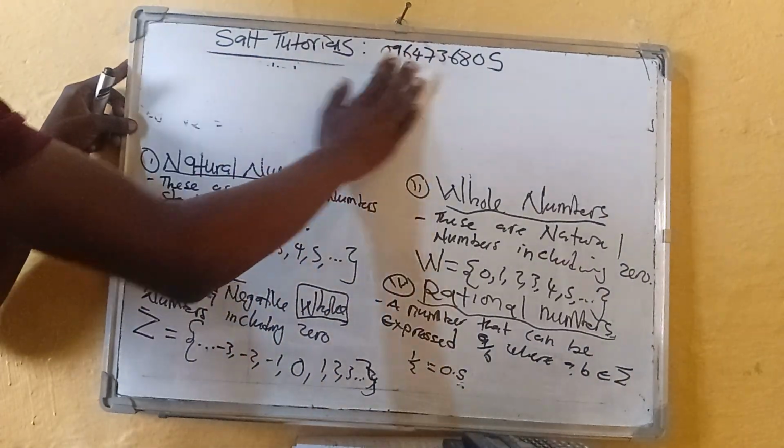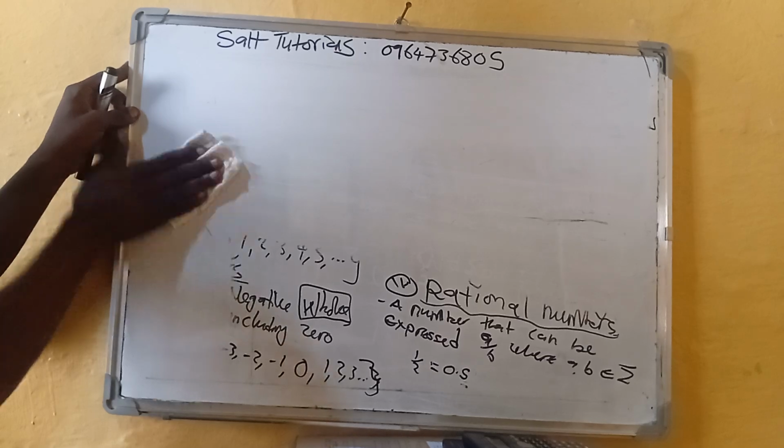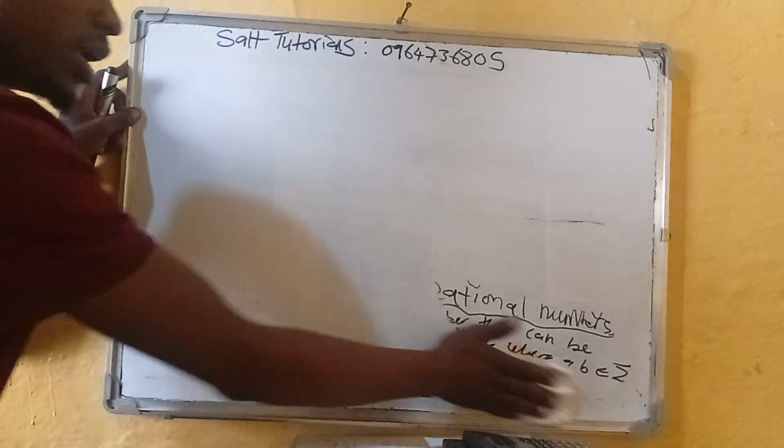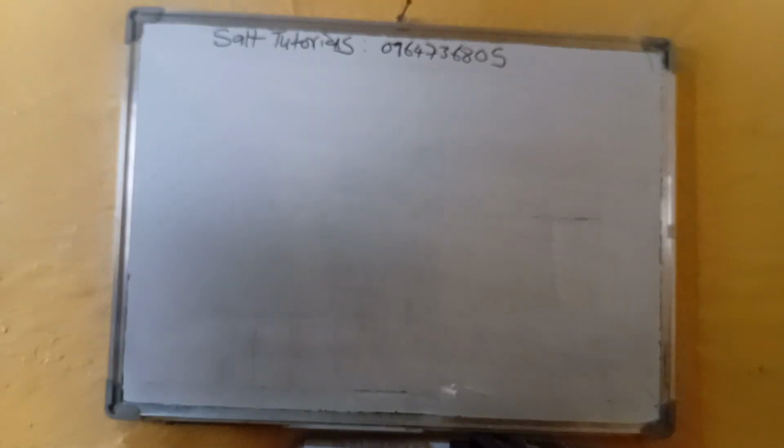After understanding all these aspects, we know that real numbers are made up of all the numbers in the world: natural numbers, whole numbers, integers, rational and irrational. Together combined, they make up the real numbers.